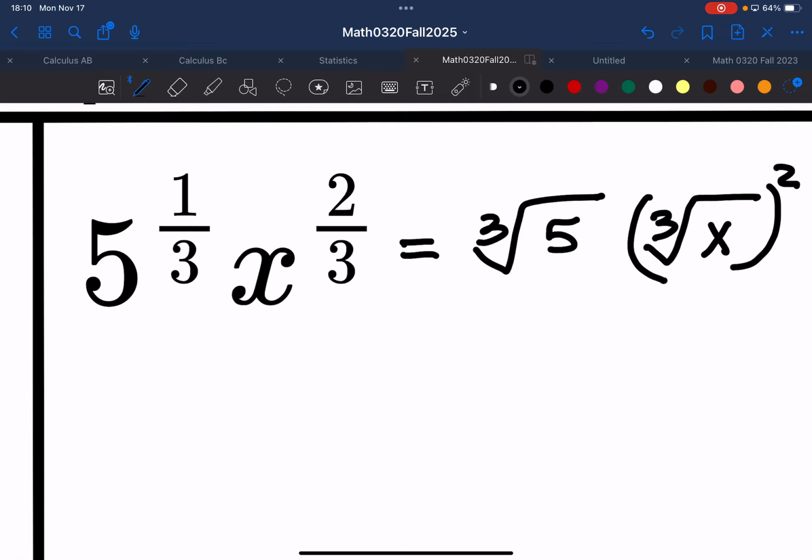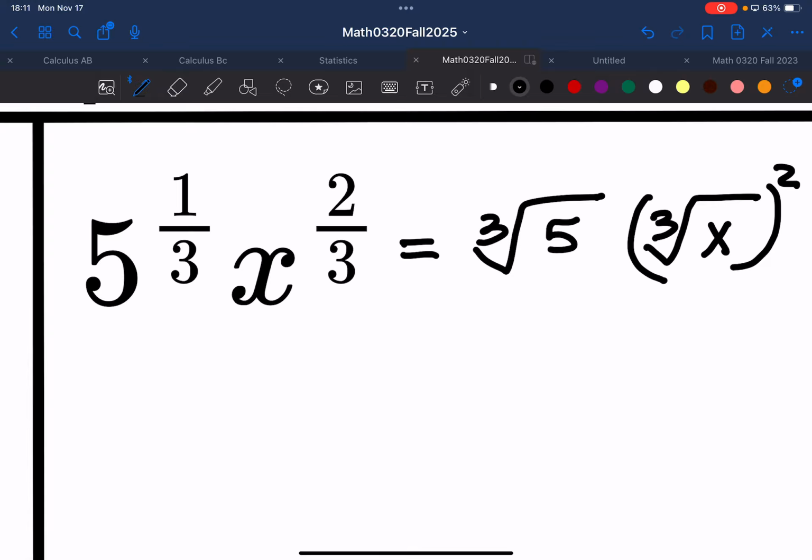Yes, always, because this is saying that that entire thing is being squared. Now that we have two roots here, do you notice that they are both third roots? They're both cube roots.